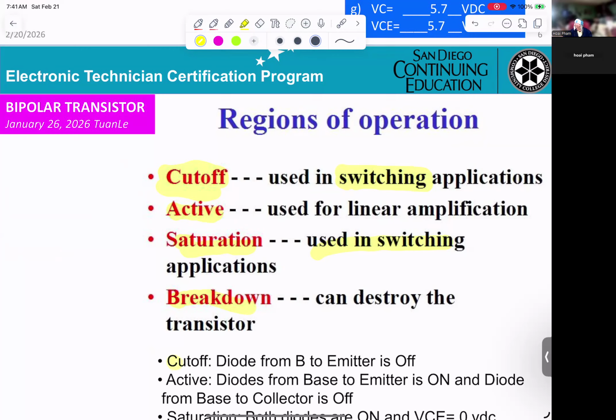Now, cutoff: the diode from base to emitter is off. That means no current flowing, okay? Active: the diode from the base to emitter is on, and the diode from the base to collector is off.